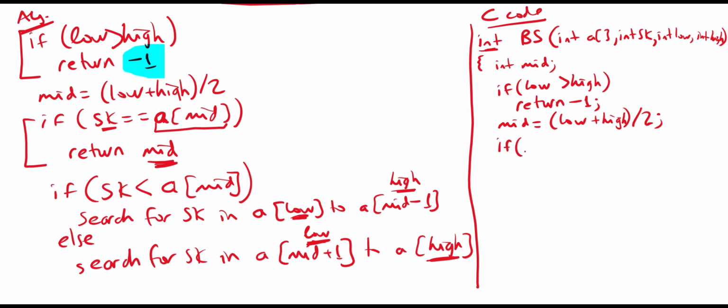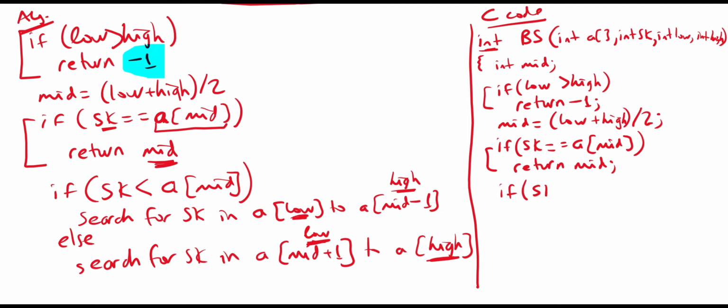Then if search key is equal to a mid, then I can say that I found the number, so I'm returning mid. And here I need two conditions. If it comes here, this means that search key is not equal to the element at midpoint.